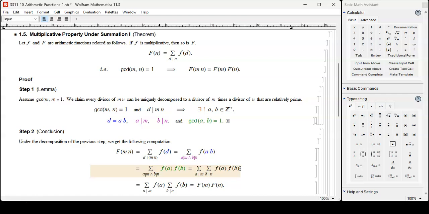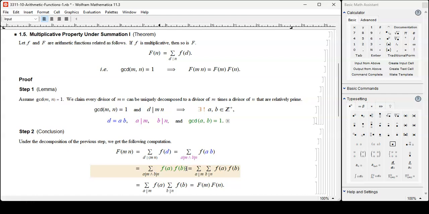Okay, from this point on, it's easy. a divides m and b divides n. Let's rewrite the summation into b divides n first, add them all up, and then a divides m later. The inside has to be done first, you see, and then factor f of a out, and all of a sudden we get what we want: the sum over a dividing m of f of a, times the sum over b dividing n of f of b, which gives rise to capital F of m times capital F of n.